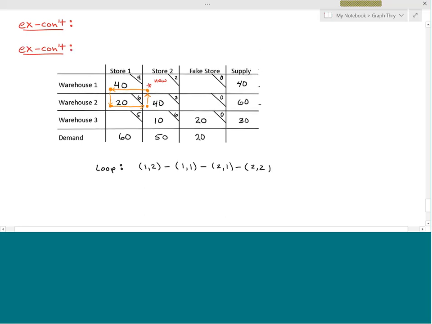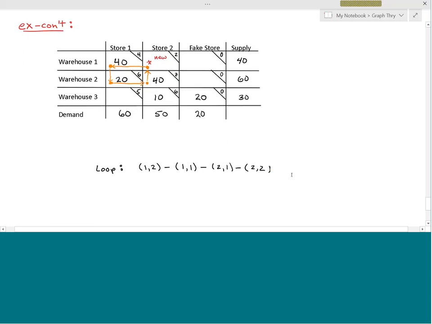This is how to actually write the loop, which corresponds to the underlying spanning tree in the bipartite graph. Now, when we want to adjust the values of x, the values in the actual cells, not the cost, in other words the 40, the 40, the 20, and the empty cell, you want to label your loop odd and even.